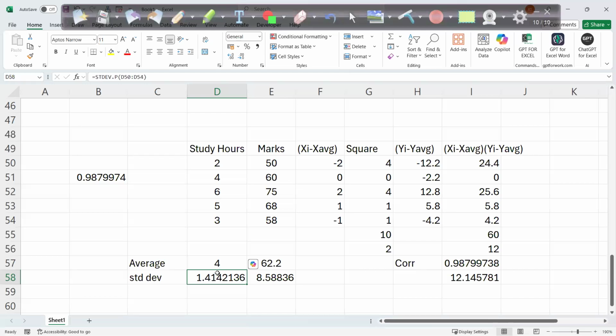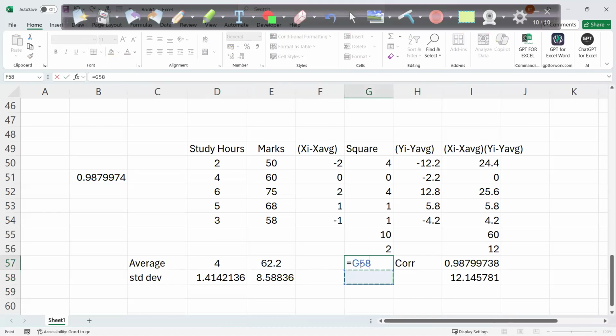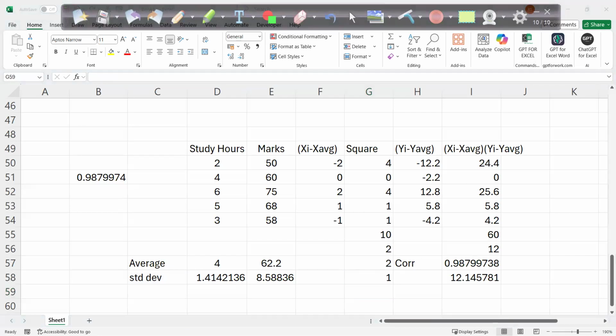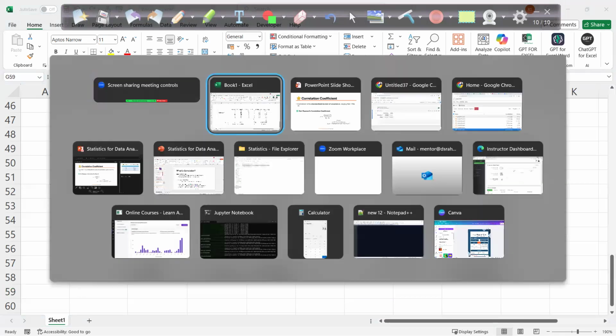2 का square root क्या होता है? 1.14. So this number multiplied by this number only, I am getting 2. What is 2 by 2? 2 by 2 is nothing but 1. So what is the correlation between X and X? 1. And that is what we are seeing here as well.